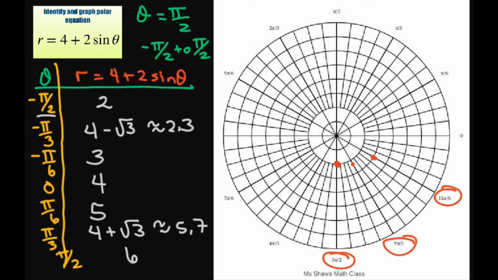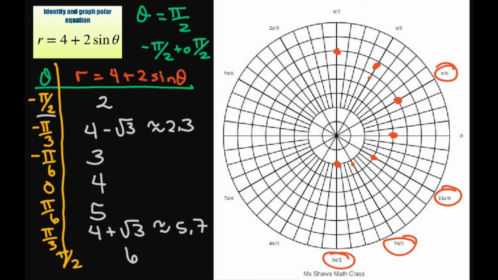At 0, we're at 4: 1, 2, 3, 4. At pi divided by 6, we're at 5: 1, 2, 3, 4, 5. Then at pi divided by 3, we're close to 5.7, right about here. And at pi divided by 2, we're at 6: 1, 2, 3, 4, 5, 6.